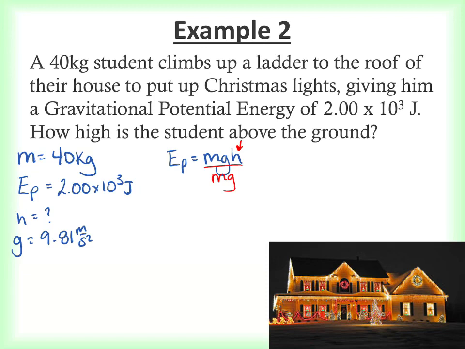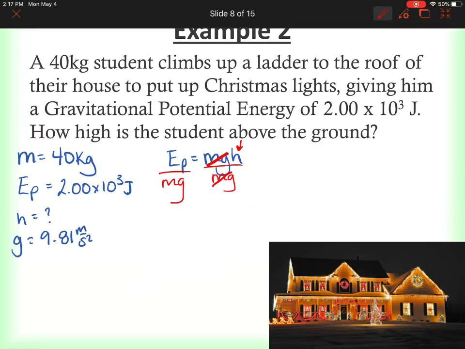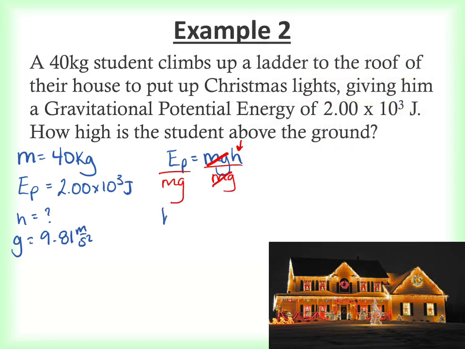If those are being multiplied, divide that side by mg. Anything you do to one side, you've got to do to the other. Those guys cancel out, and you get a nice little equation here. You get that h is equal to potential energy divided by mass times gravitational acceleration.